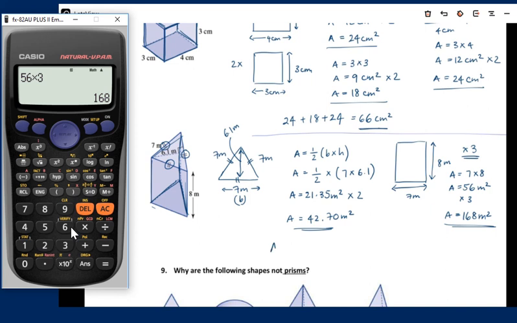Now adding those together for my total surface area, I get a total surface area of 210.70 meters squared in total.